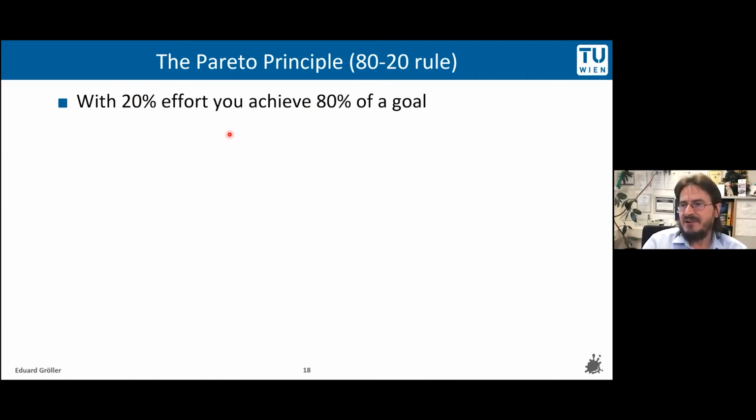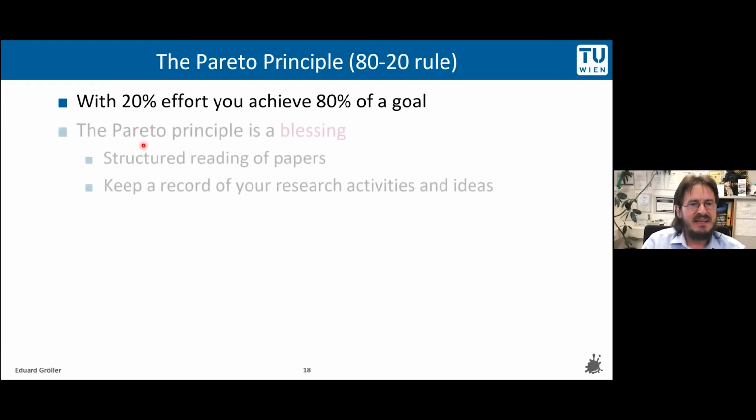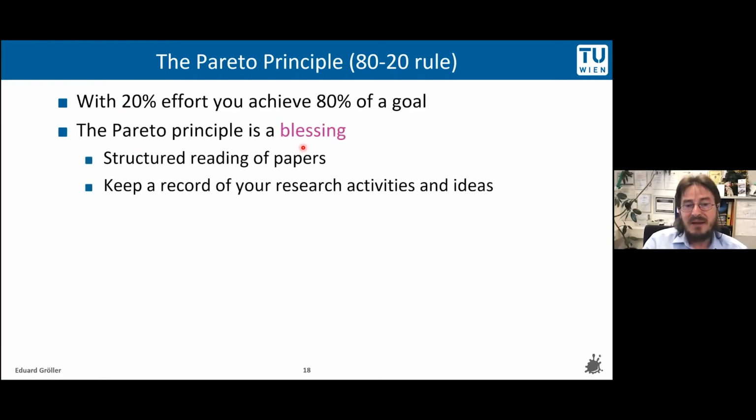Imagine if you're preparing PowerPoint slides, a talk, you're pretty much finished very fast, and then you're starting polishing, and this polishing is maybe only 10–20% of the value of your talk, and it takes you an incredible amount of time. So the Pareto Principle is a blessing because in some cases you can make use of it.